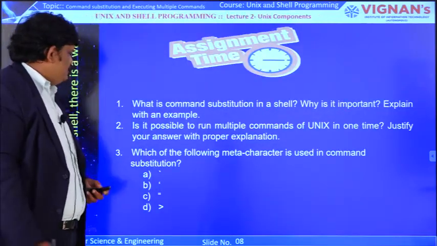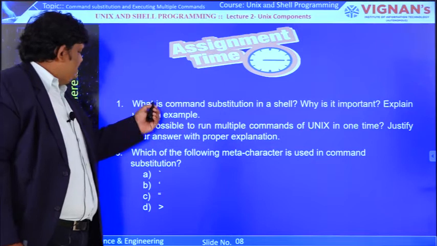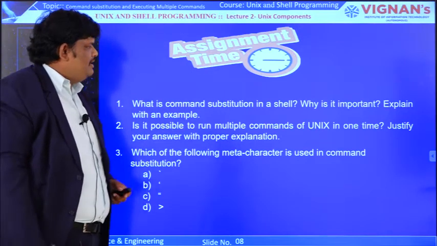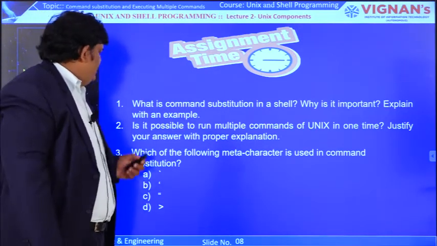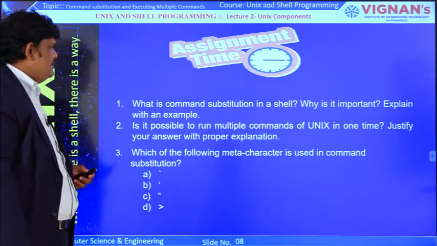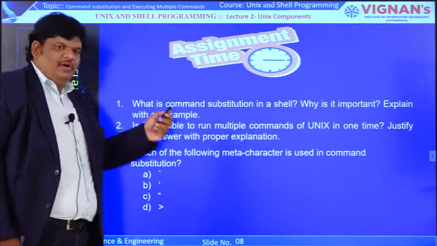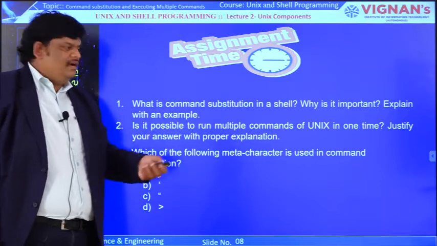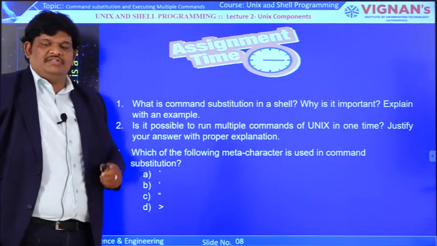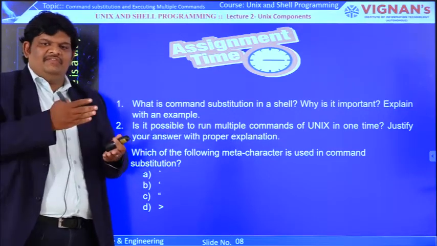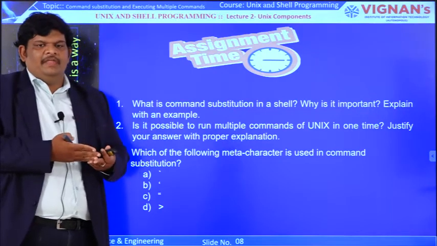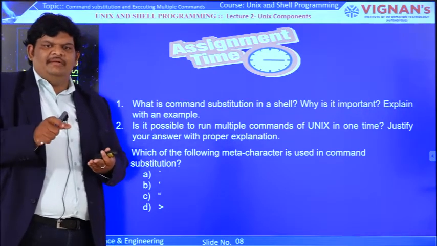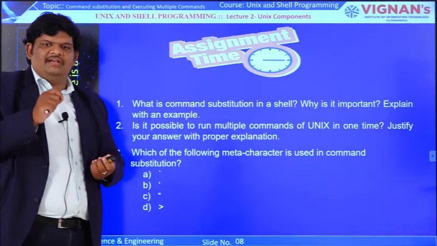Coming to some small assignments, here we have: what is command substitution in a shell, why is it important, explain with an example. Yes, the importance of command substitution we already saw. If you do not use command substitution, shell will never find out which one is a command and which one is a string. So to intimate to the shell that this one is a command, we have to use command substitution.